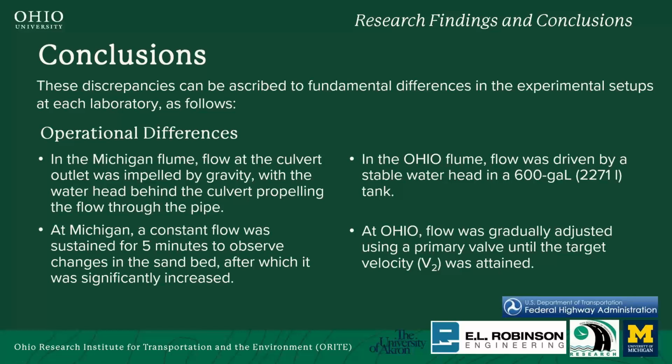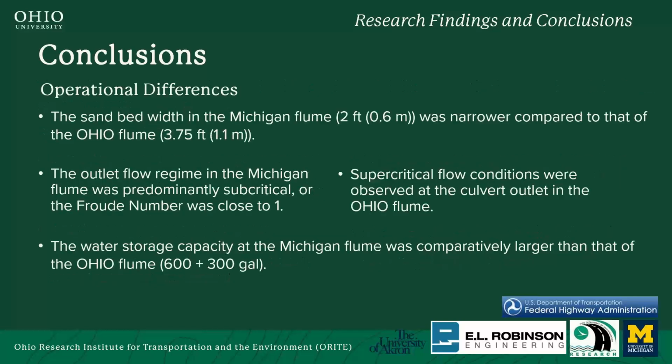In our case, we just gradually increase our valve to get those velocities for each experiment. So these are the operational differences. The flume in Michigan is narrower than ours. The Michigan flume is about 2 feet in width, and ours is probably 3.75 feet. That could make some difference in our results.